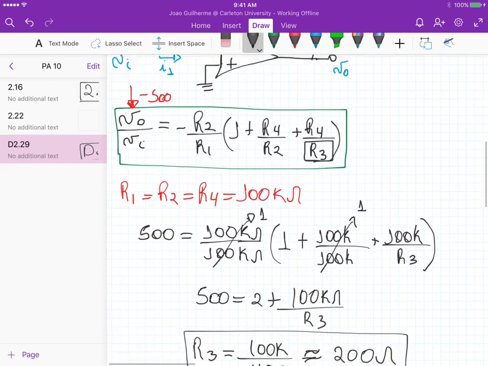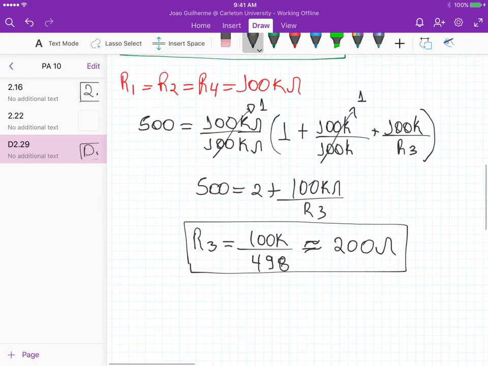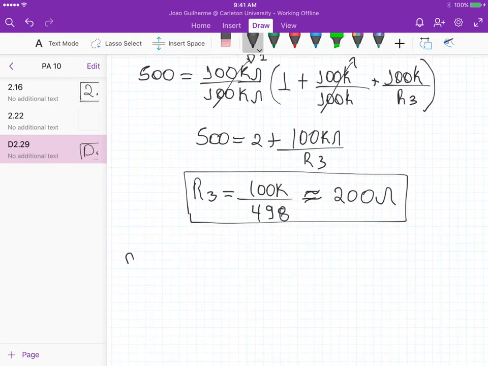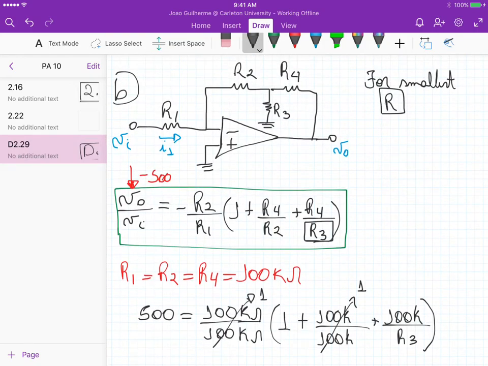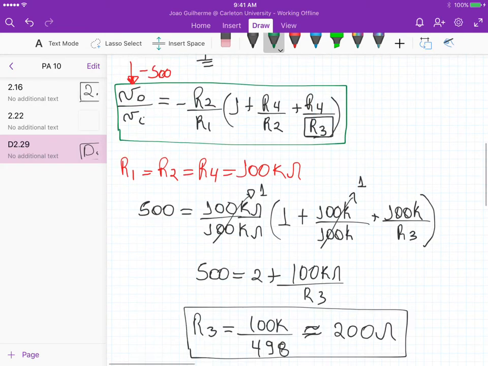The input resistance, VI over I, that's the input resistance. In our case, again, if we consider an ideal op amp, this is 0 volts, this is also 0 volts, so we have the same equation.